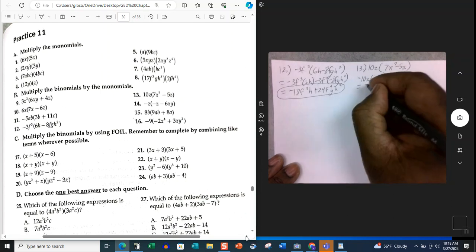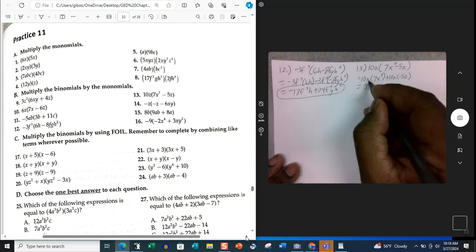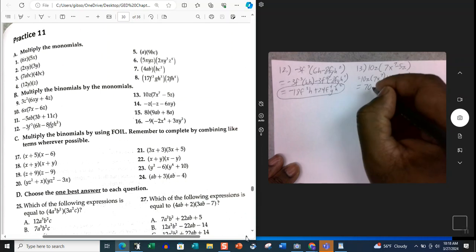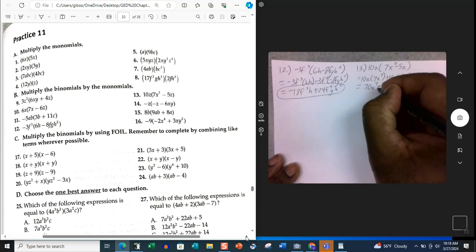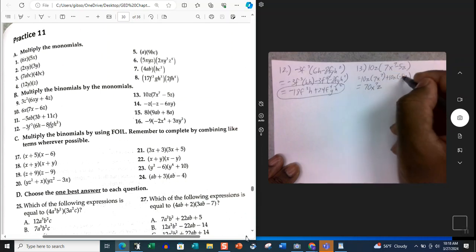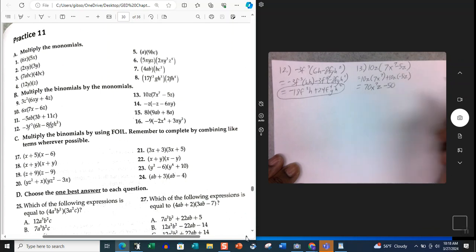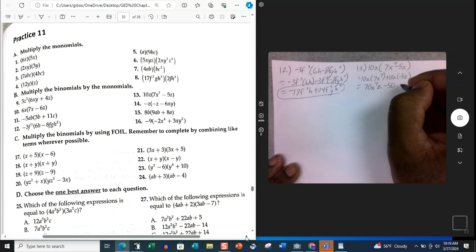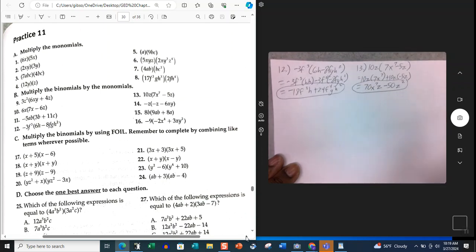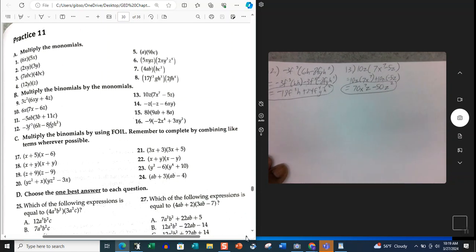So 10 times 7 is 70. Z times x to the 7th will be x to the 7th z. And then 10 times negative 5 is negative 50. And z times z is z squared. That here is your final answer because they have no like terms.